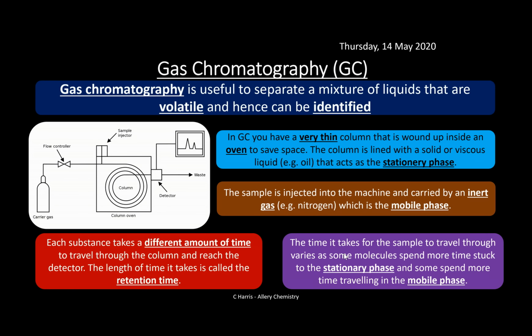Some substances like to adhere to the solid stationary phase within that tube, and therefore it's going to take a lot longer to come through the other end. And that in itself is a separation technique because we're separating the different components of our mixture, but we can also identify it, which we're going to look at now.